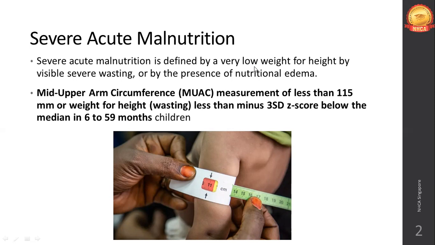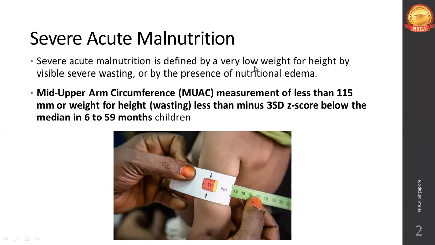If the mid upper arm circumference is less than 11.5 centimeters, it means the child has malnourishment. If it is more than 11.5 centimeters, the child is comparatively healthy. And in which age group can you do this? From 6 months to 59 months.